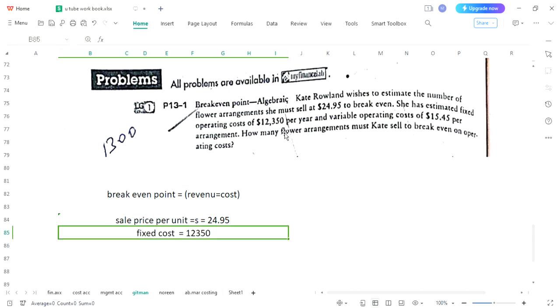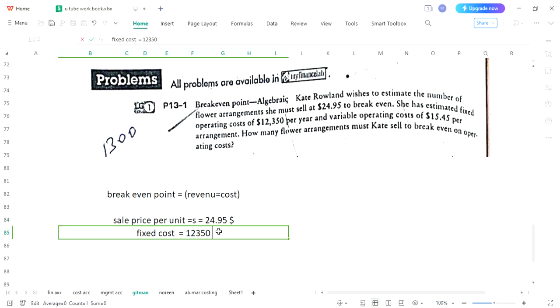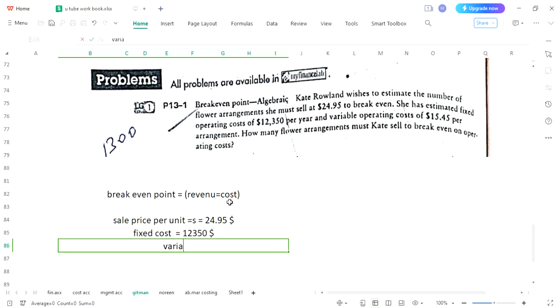Both amounts are given in dollars, but just keep it in mind: when you are looking at this, it is per unit cost, and when you are dealing with fixed cost, it is total cost. 12,350 is your total fixed cost. Sale price 24.95 is per unit. Then we have variable cost 15.45, again per arrangement or per unit cost, and that can be called VC.